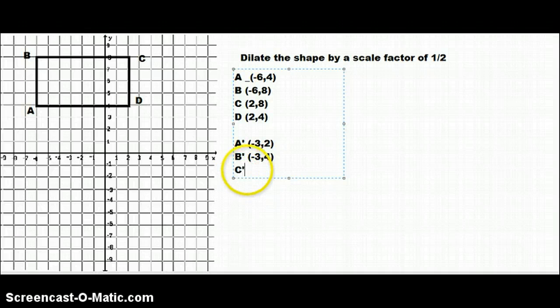C prime, 1/2 of 2 would be 1, 1/2 of 8 would be 4. And D prime, 1/2 of 2 would be 1, 1/2 of 4 would be 2.